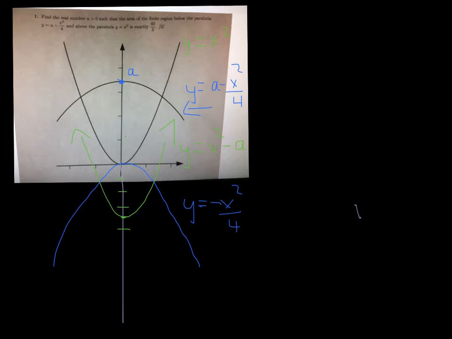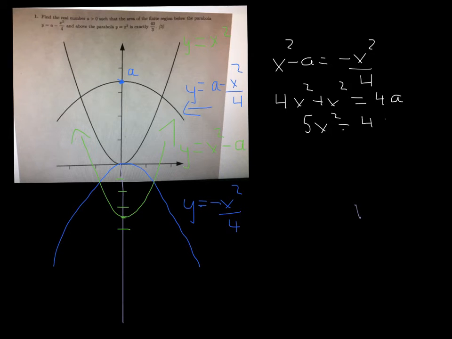And believe it or not, that actually is going to make it easier for us to find the point of intersection. And we need that so that we can find the integral and find the area between the two curves. So if we start with x squared minus a equals negative x squared over 4, then we have 4x squared plus x squared equals 4a, or 5x squared equals 4a, and then x squared equals 4a over 5.